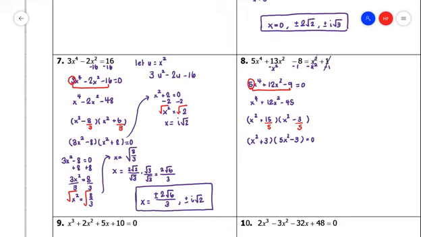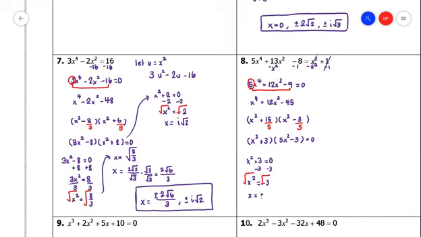So then from there, I'm going to set each one equal to 0 and solve. It's not squared anymore.